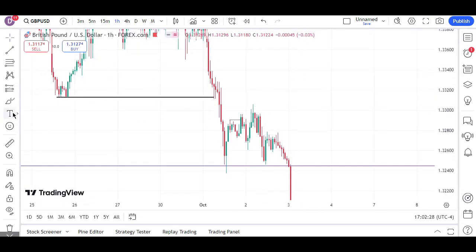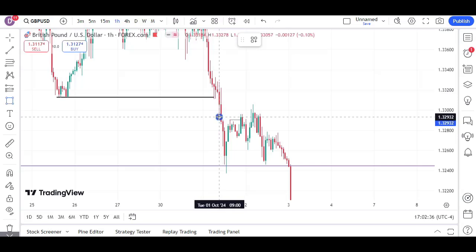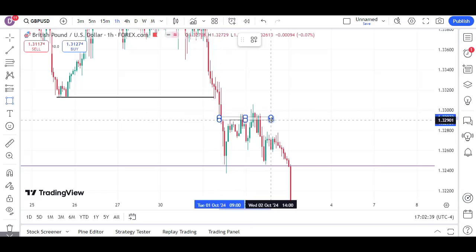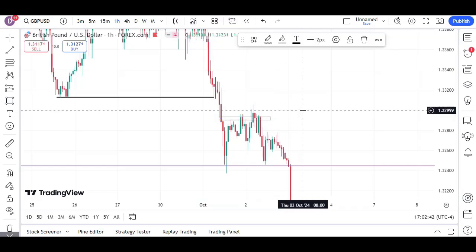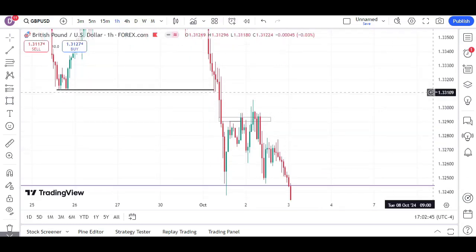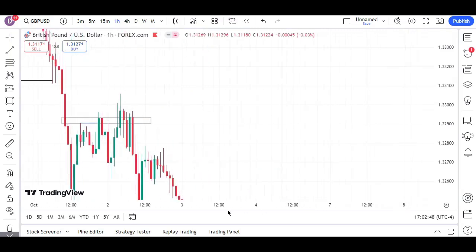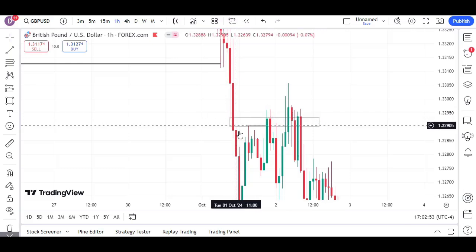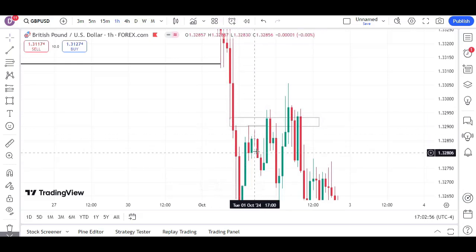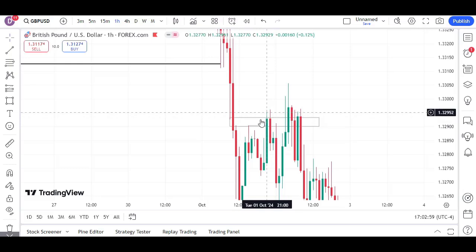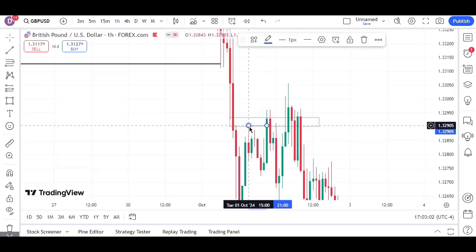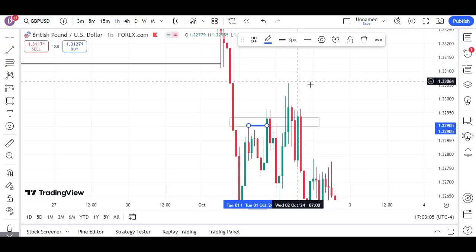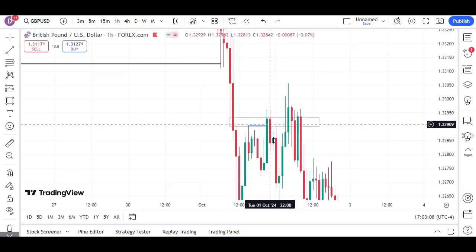As you can see, we took out that buy side, and we also happened to fill this fair value gap right here, this 1 hour fair value gap. We created this fair value gap, price retraced into it, filled it while taking out buy side liquidity.